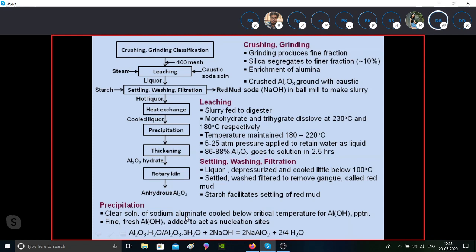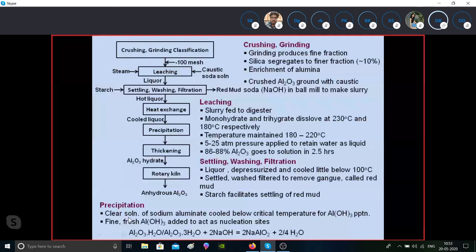We do not want sodium hydroxide to be precipitated in the settling, washing or filtration stage. So we have to maintain the temperature above some critical value.